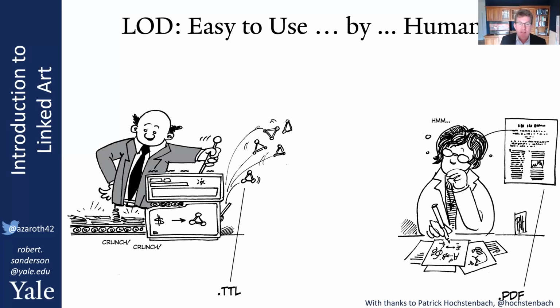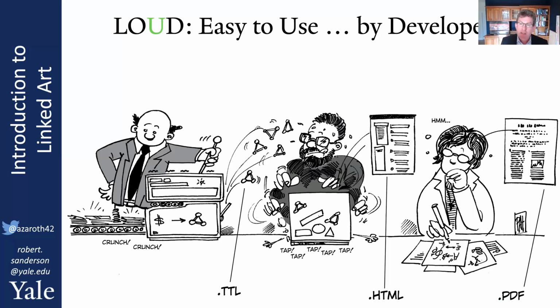So linked open data should be easy to use, you would hope, but by whom? One of the initial approaches was, well, it should be easy to use by humans, such as researchers. So the data comes into the machine, essentially turning money into triples, and then it goes over magically to the researcher. But instead, we think that there is an intermediary, which is the software developer.